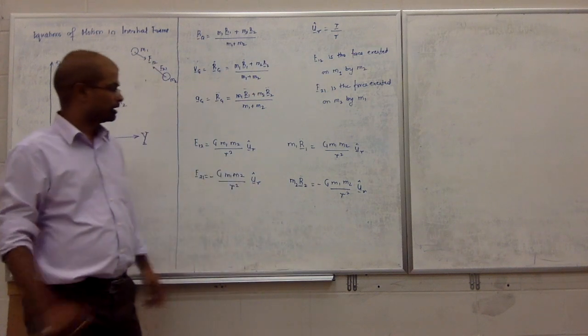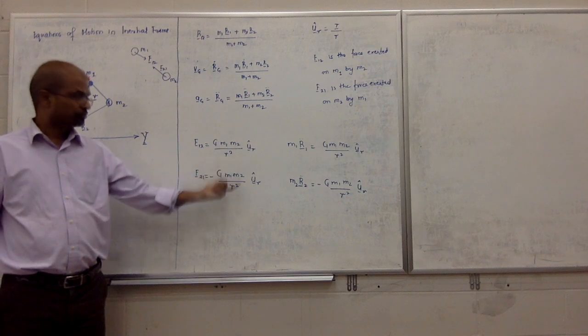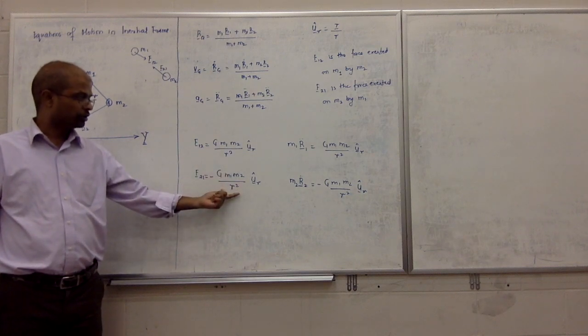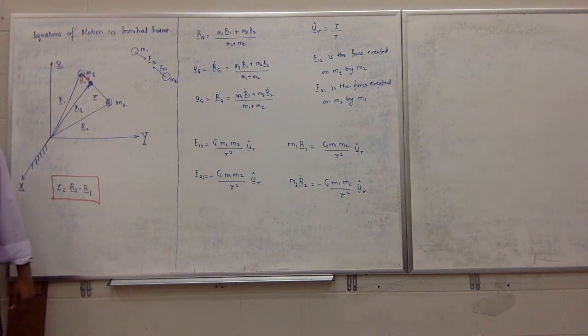So I've just applied, I showed you how to get the universal law of gravitation. How does it make sense in this whole context? If you look at what is determining the motion of the orbiting body, what force is it?